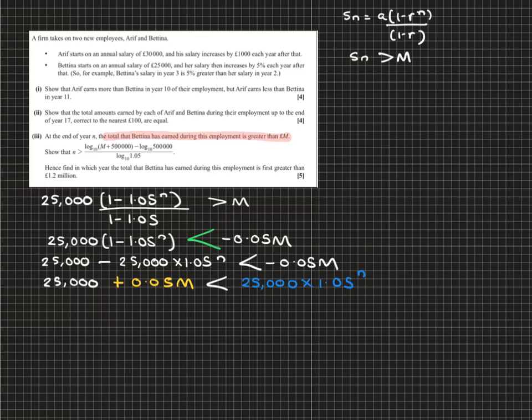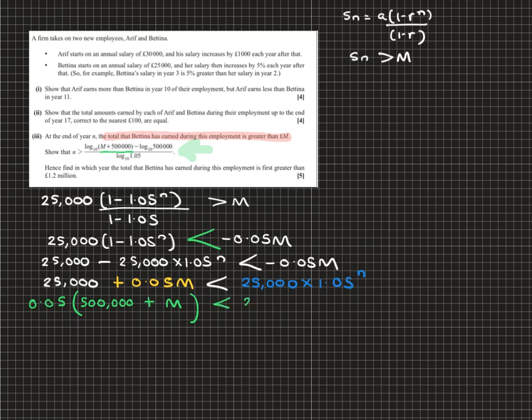So what am I going to do next? Now, at this point, it's worthwhile looking at the answer that you are trying to get to here, because if you don't know what that looks like, you may end up not really focused on how to get there very easily. So I can see in the bracket here, there's just an m rather than 0.05m. So I'm going to factorise on the left-hand side. I'm going to take 0.05 out of a bracket, which leaves me with 500,000 plus m, which is what we are expected to get to in the answer.